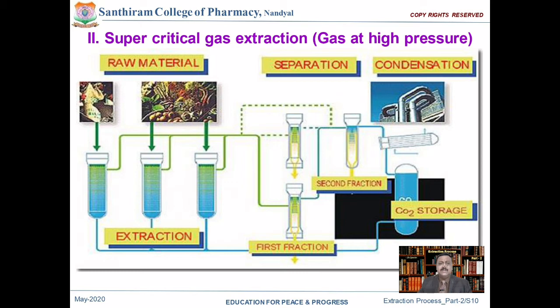So, you can look at the picture. There are three different tanks into which the raw material, that is plant parts, is fed at the top, right?